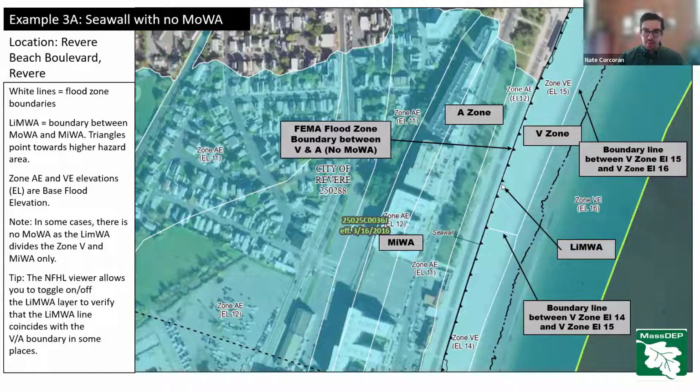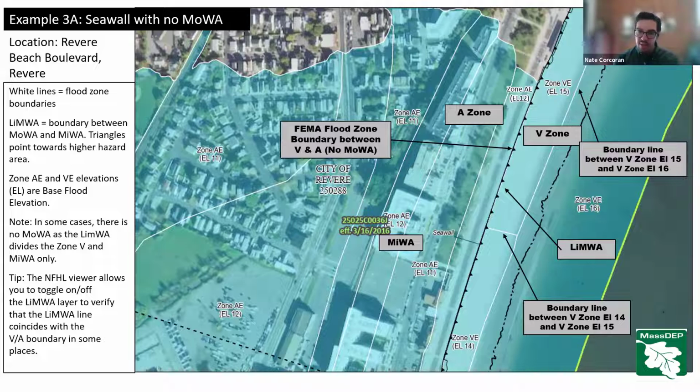This is an area with a seawall, and that seawall is knocking down the wave height. On the other side of the seawall is an A zone, but because the LIMWA is separating the V zone and the A zone, that A zone is the MIWA, and there's no MOA mapped at this site.